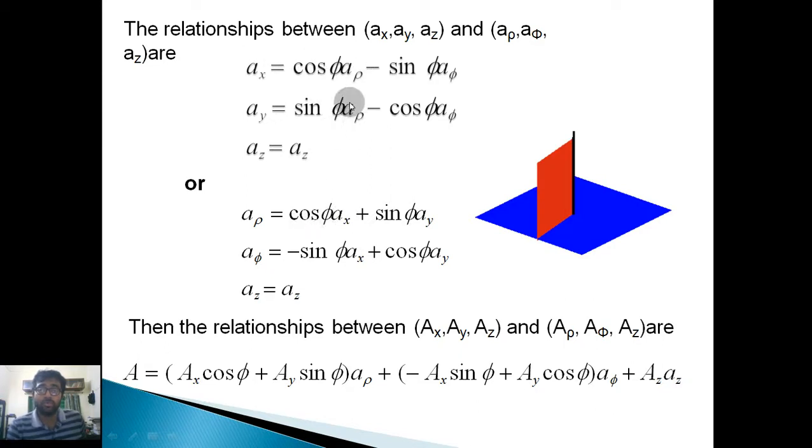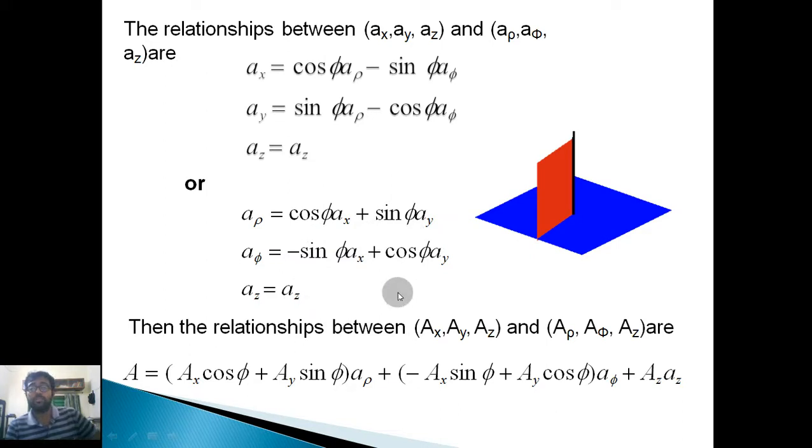A suffix rho is related to a suffix y using sin phi, so we put sin phi here. Now to determine a suffix phi: it is related to a suffix x using minus sin phi, so here it will be minus sin phi, and here it is plus cos phi.